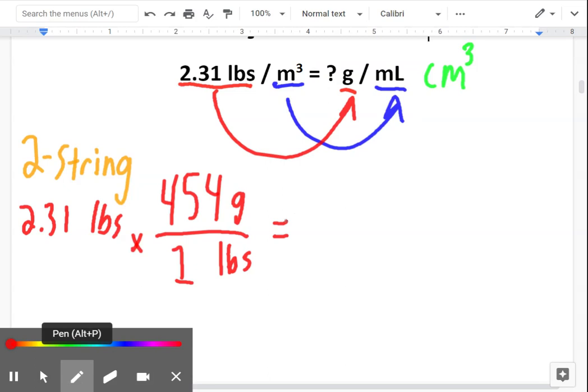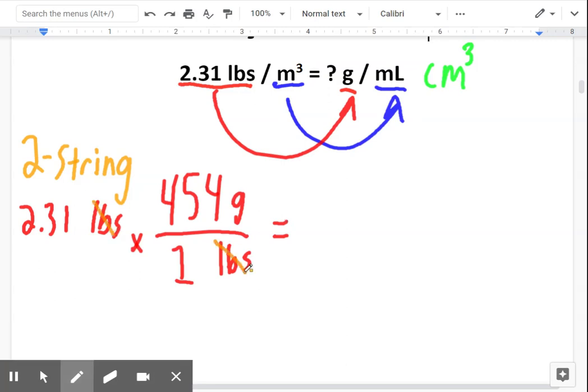You will notice that our pounds will cancel, and we're going to be left with grams, which is good. That's what we want. I punch this into my calculator. I do 2.31 times 454, and I get the following number.